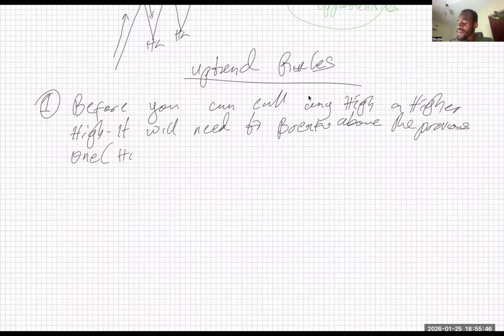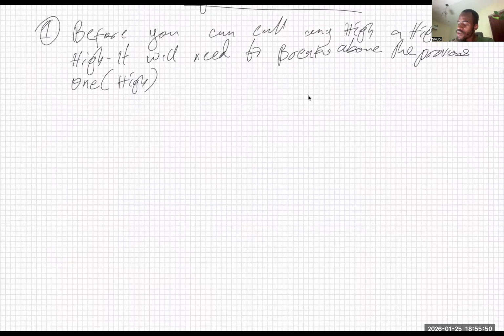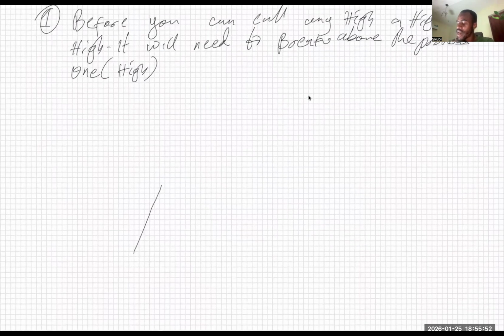That's the previous high. What do I mean? If I have price pushing to the upside like this, price creates a higher high or price creates a high. Now, price starts pushing back up. Before I can call this move to the upside a higher high, it will need to pass this last one to the upside. Now, if it doesn't pass it, then it's an equal high.